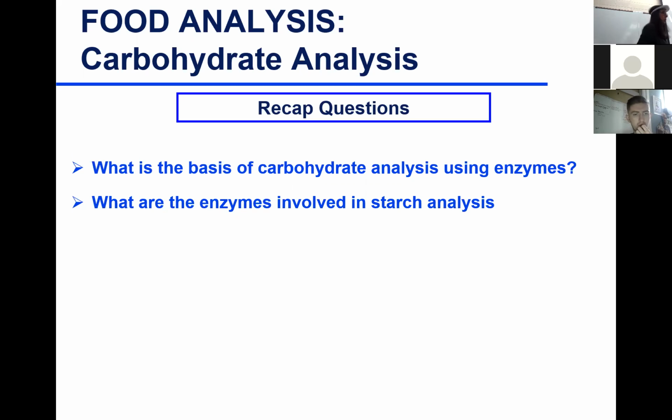So then we end up with glucose, and then we have a coupled reaction for glucose to measure the amount of total glucose, because glucose is still not a chromophore.